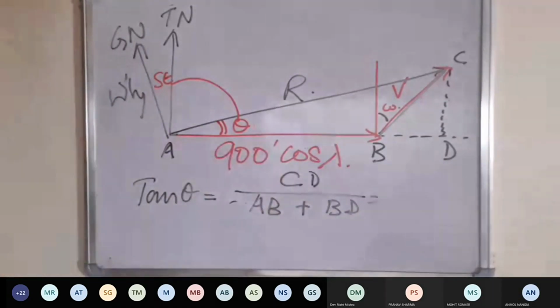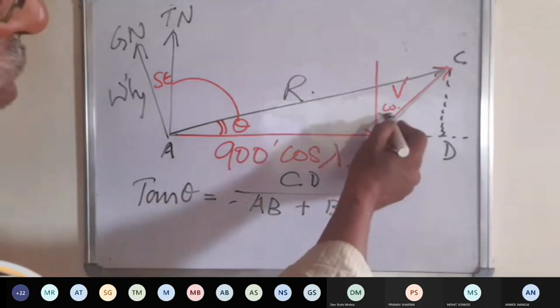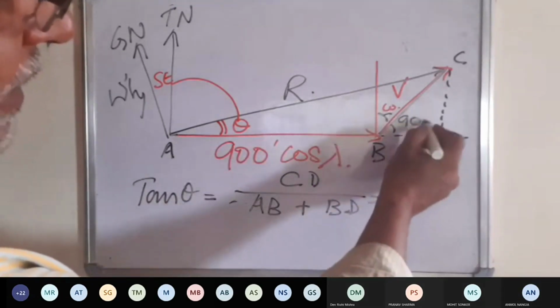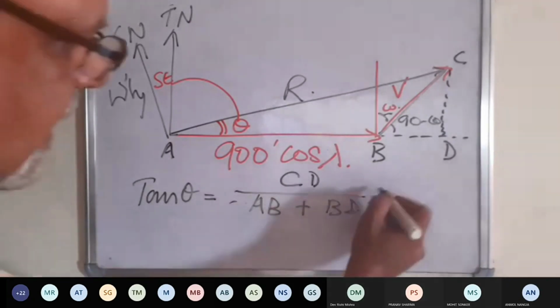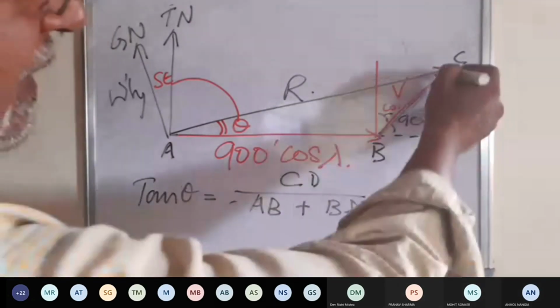Is it right or not? Yes, sir. If this is course, this is 90 minus course. So CD is equal to this one.